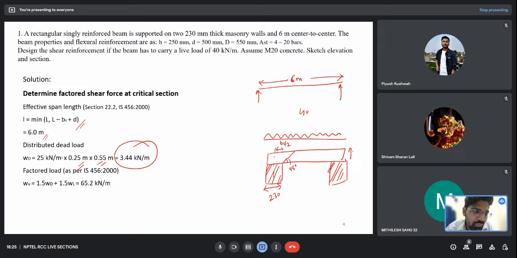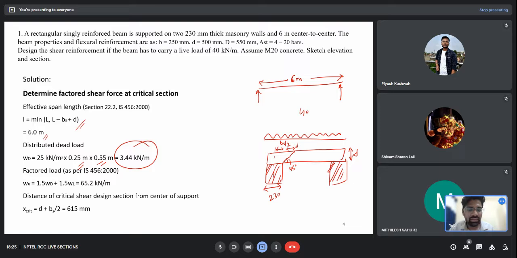If D is the depth of the beam, and I take tan theta, this distance will also be D. So the distance where my critical section for shear occurs is Bs by 2 plus D. So 230 by 2 plus 500 is 615.